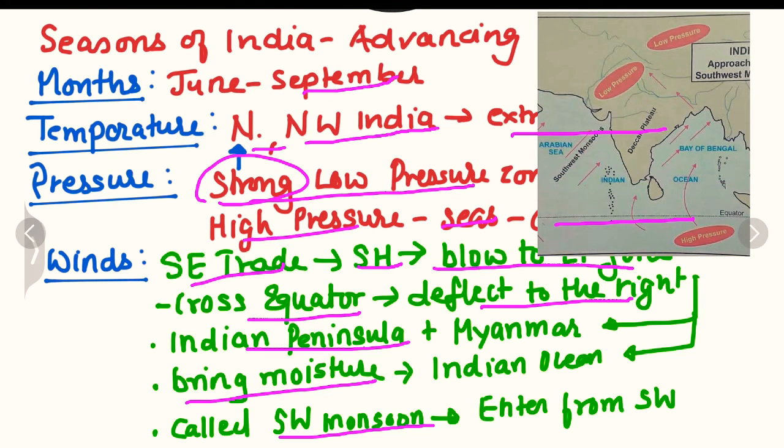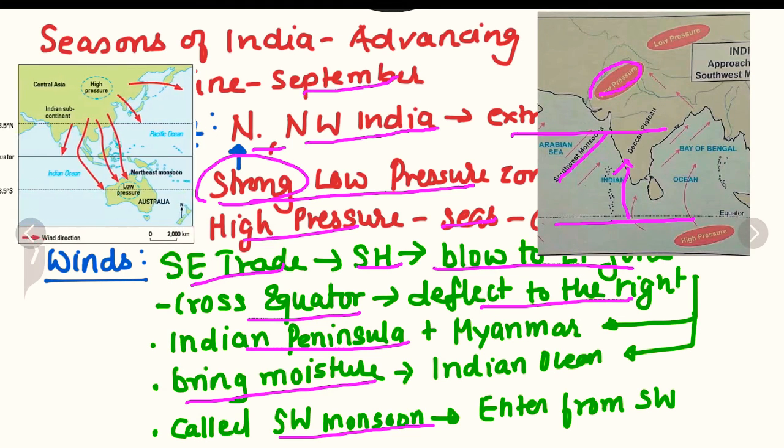You can see in this image the low pressure region formed in the northern part of India because of high temperature, and you can see the branches of southwest trade winds as they originate from the Indian Ocean, known as southwest monsoon winds.